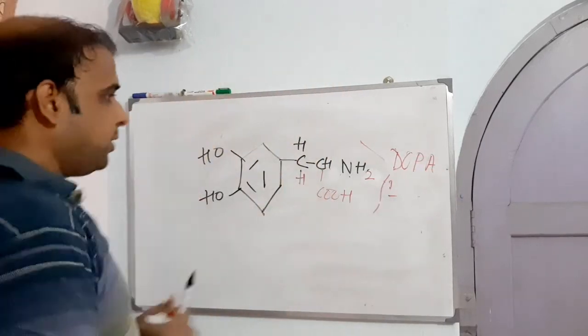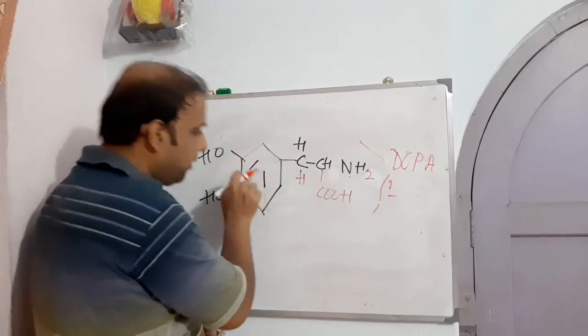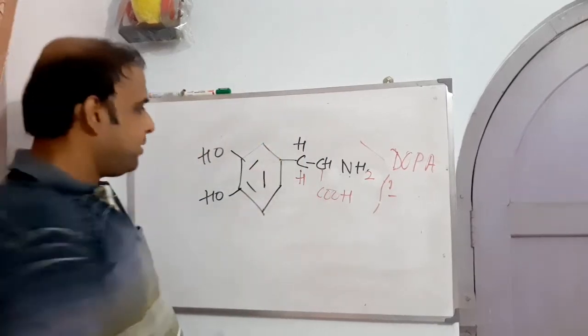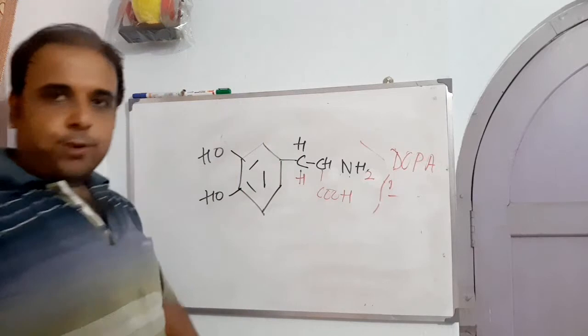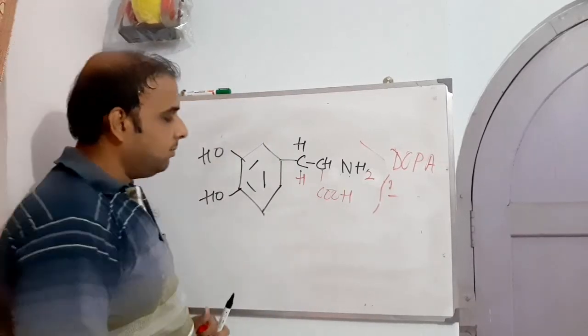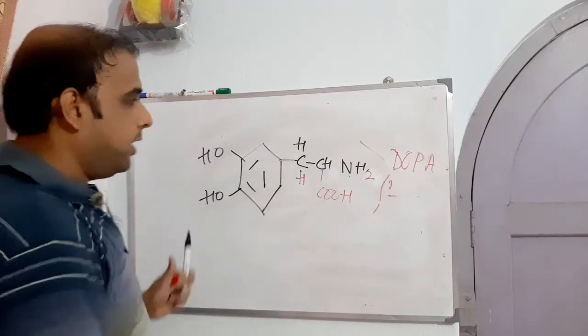right? So this is basically dihydroxy phenylalanine. So this is phenylalanine and we have put two hydroxyls here. I'll come to the nomenclature and the different vocabulary used for this structure later. So this is dopa.